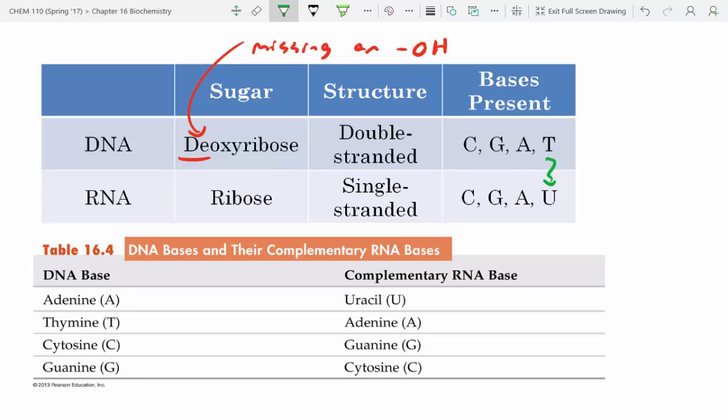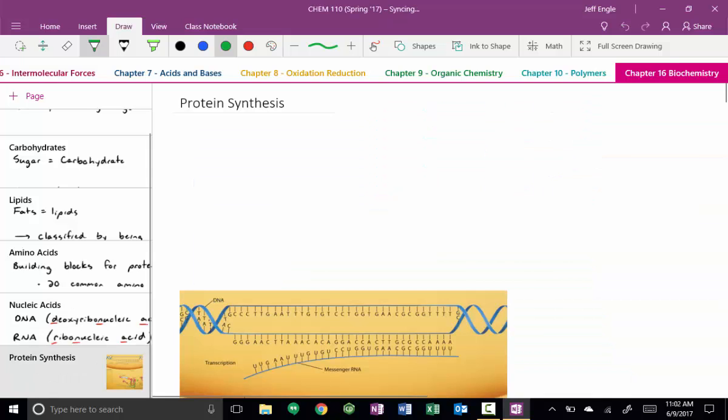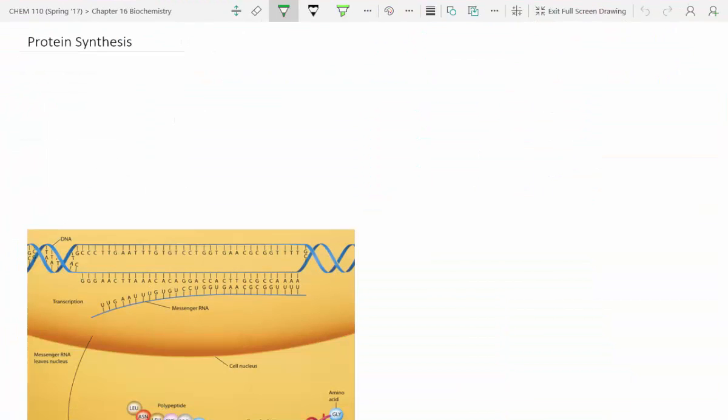Does that make sense? I know we're moving through this kind of quick, but we're just trying to get through the basics here. All right, so let's take a look at just the overarching theme behind all of this, and this is protein synthesis. And scientists call this the central dogma.